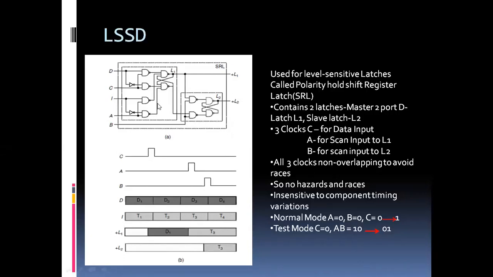The second thing is, it is insensitive to component timing variation. Even if you are doing STA and you are doing the skew analysis or clock balancing or clock tree synthesis, one of the most concerning points is the rise time and the fall time of the waveform. Those AC characteristics of the waveform are very, very important, of the clock also and of the data input also.